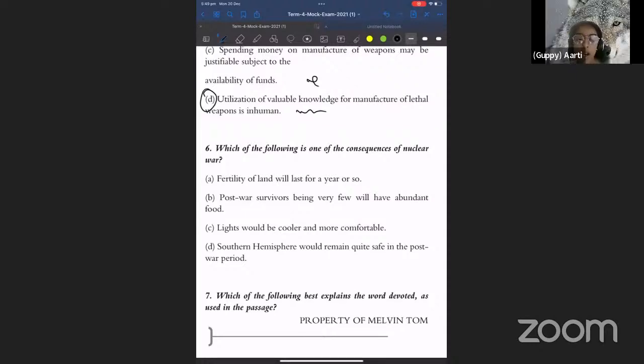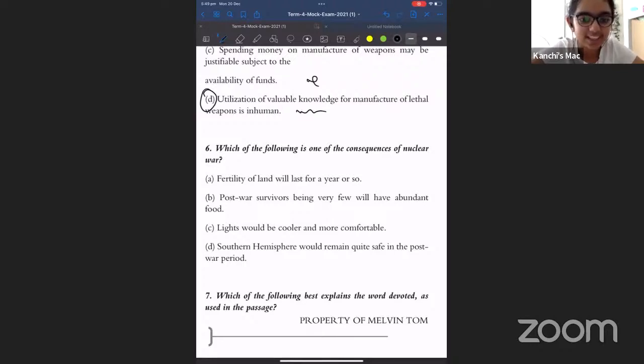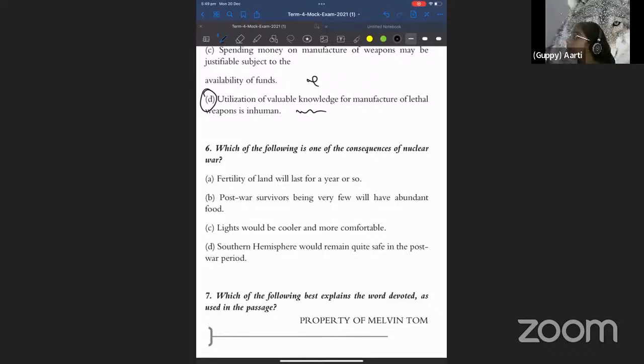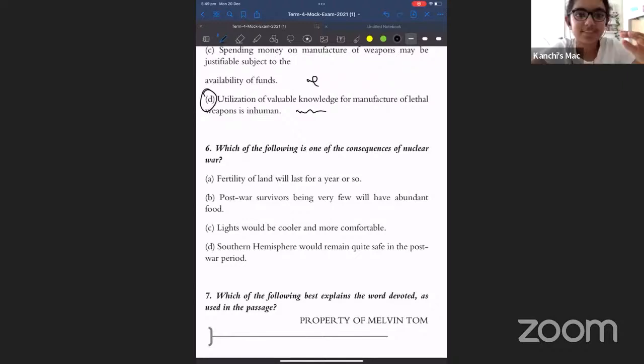Good. Okay. It's so weird how when there's a reading text, it cuts through half a sentence on the page. It says something and it's just like property of Melvin Tom. Yeah. All right.